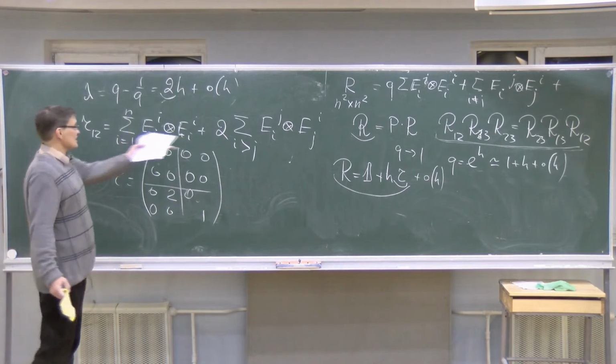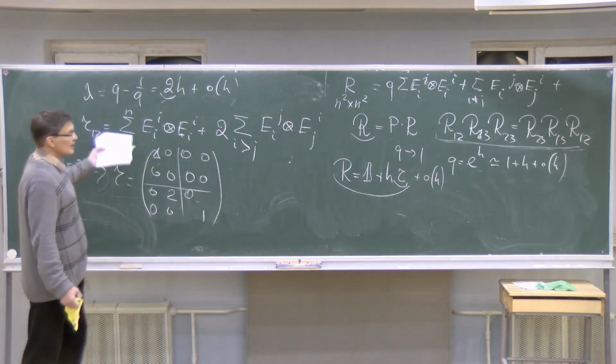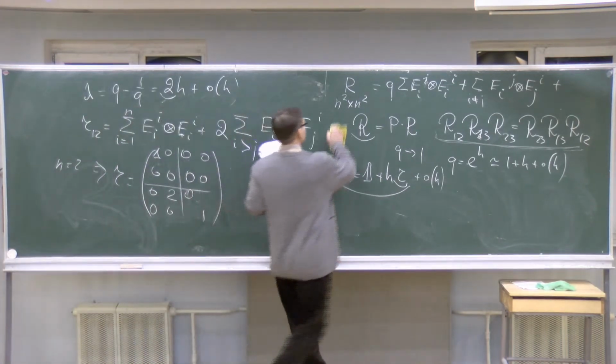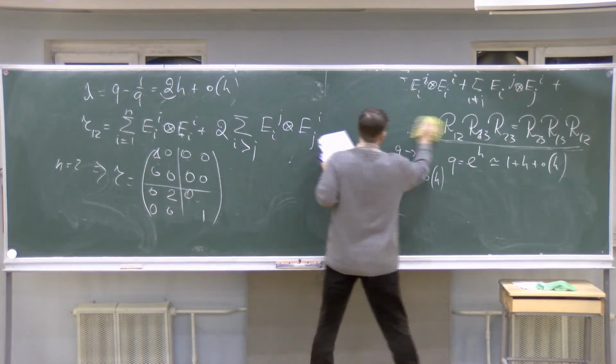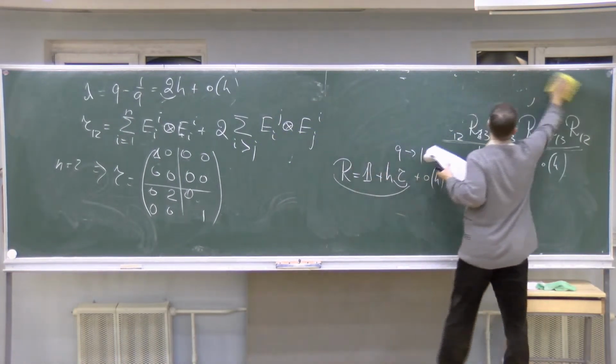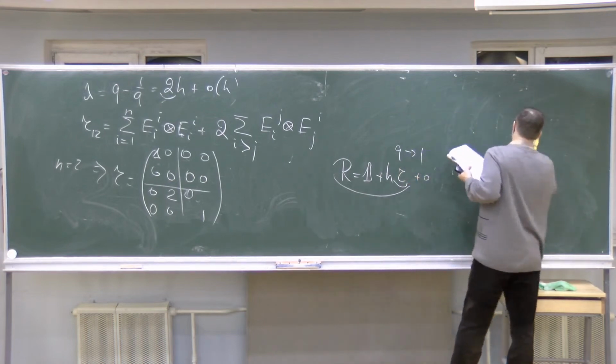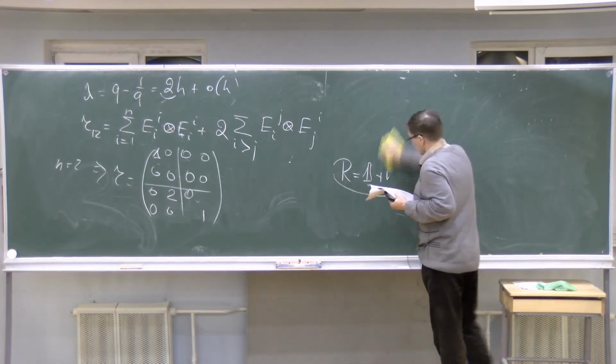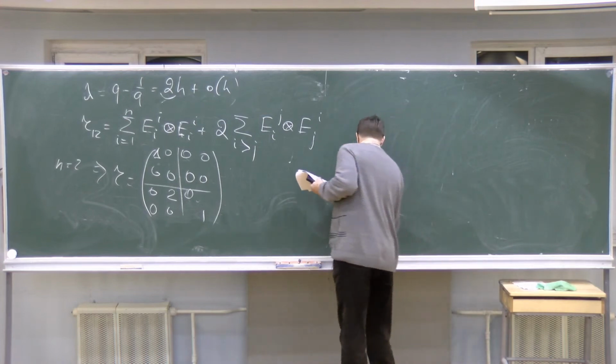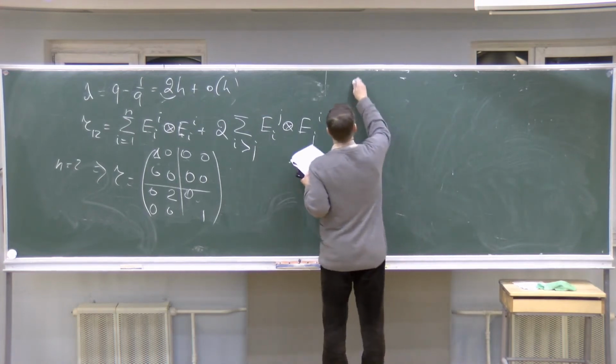But if I have such an explicit form of the matrix R, I can verify what is R12 plus R21. I should verify that this sum commutes with T1, T2.